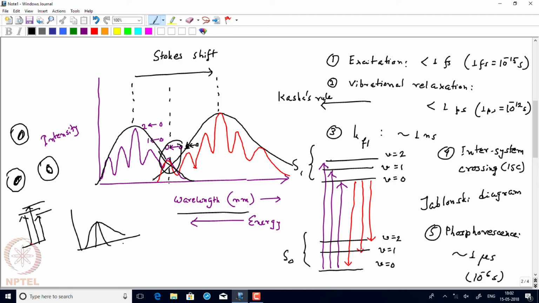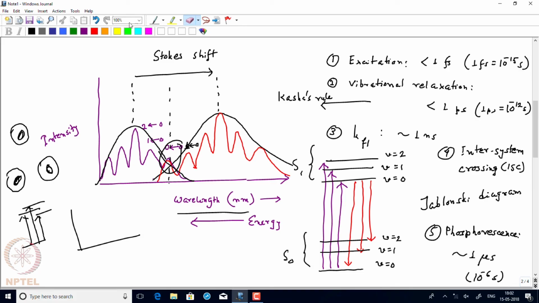Now, let me draw it in some other color. Suppose I had two transitions to begin with, which are very nicely resolved transitions in the gas phase. Let me draw it like this.